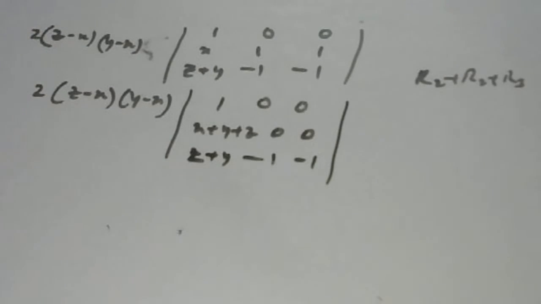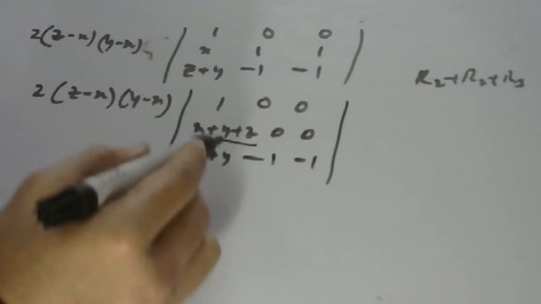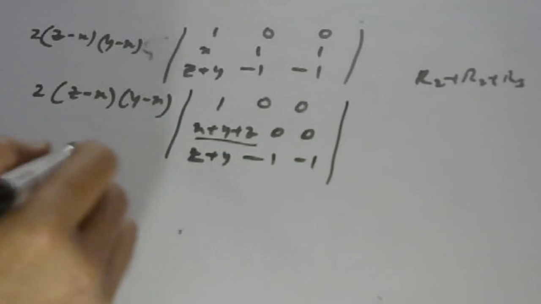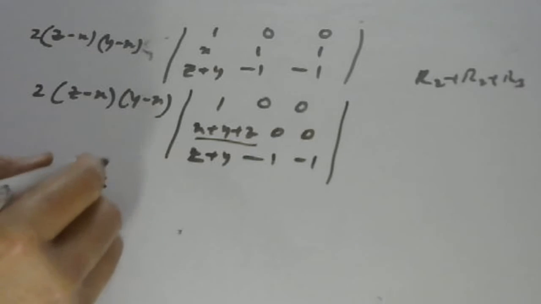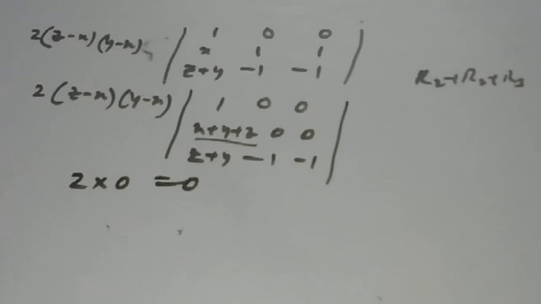Expanding row number 1, we take this term common, or expand R1. This is 0, and this is 0. So whole term becomes 0. So we have proved it. That means grad of u, grad of v, and grad of w are collinear to each other, since the scalar triple product vanishes to 0.